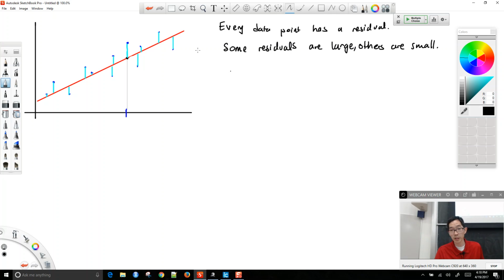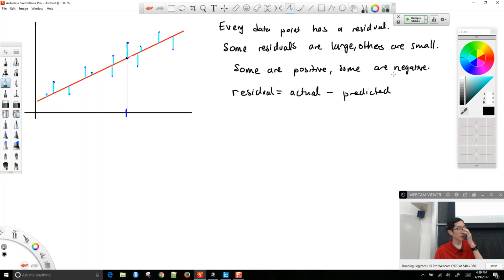Okay, and then some are positive and some are negative. Okay, and again, the residual is the actual value minus the predicted value. So if the actual value is greater than the predicted, the residual is positive. If it is smaller than the predicted, it is negative.